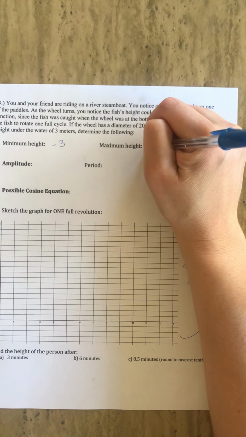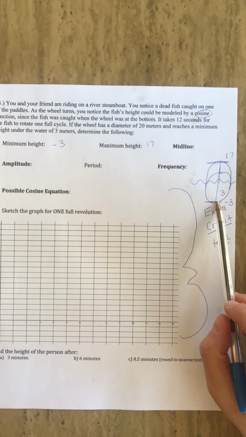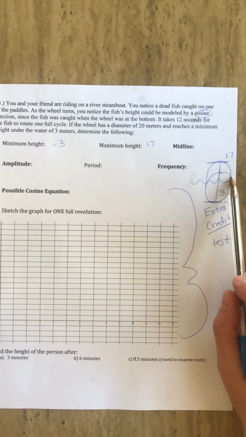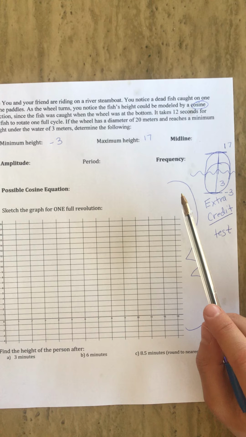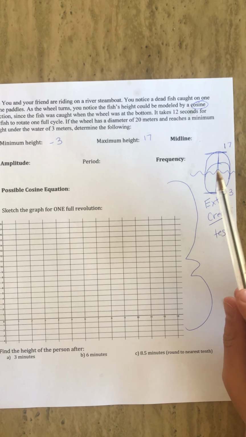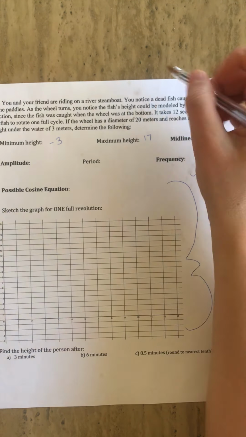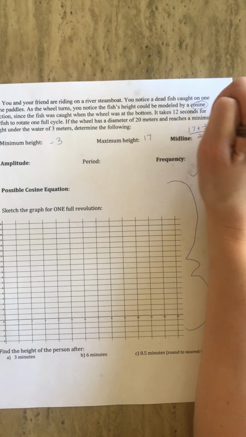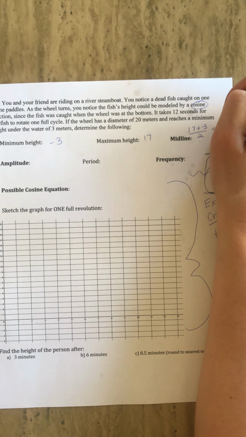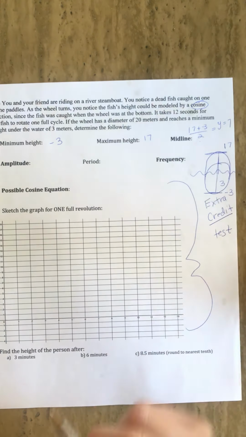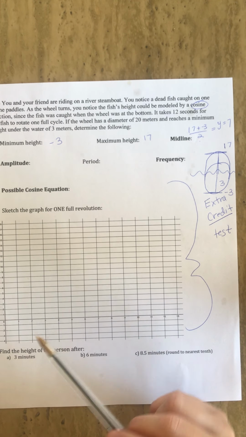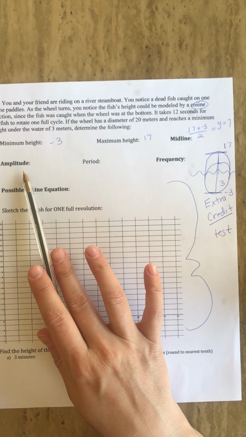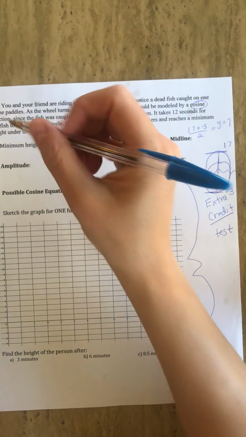The max is going to be 17 because this is -3 to get out of the water, and then 17 more above. Your midline is going to be the average of the two, so you're going to do 17 plus -3 divided by 2, and that's going to give us y is equal to 7. My amplitude is going to be 10.